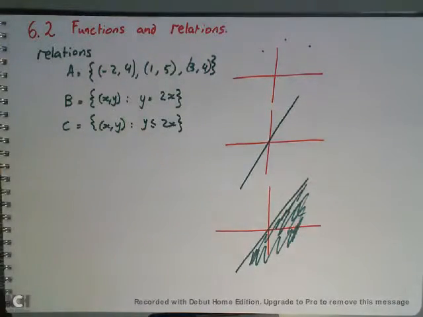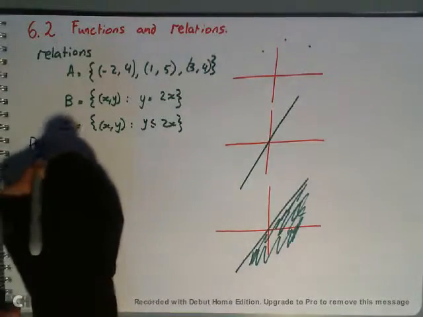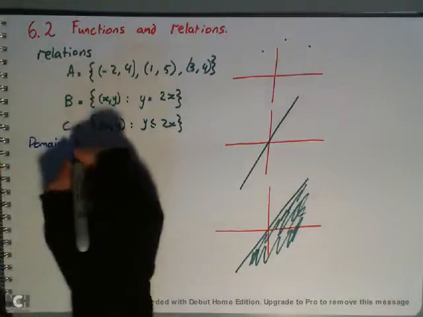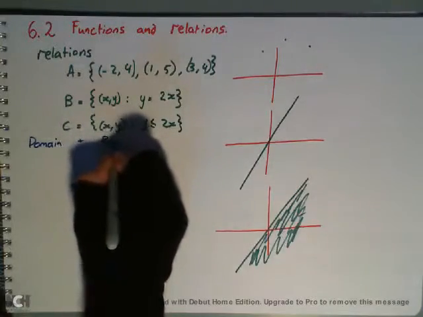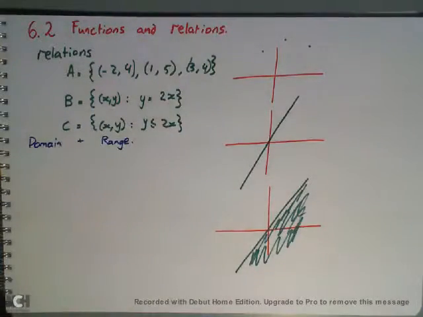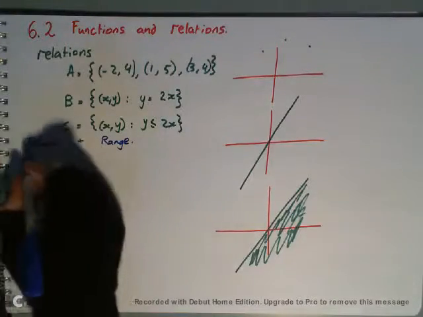Next thing to look at is domain and range. I think we've spoken briefly about this before. For a set of ordered pairs (x, y), the domain is the set of all x values of the ordered pairs, and the range is all the y values.